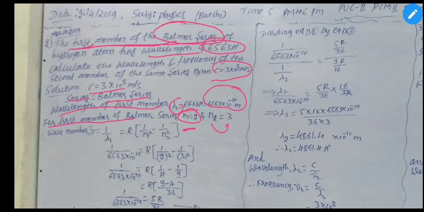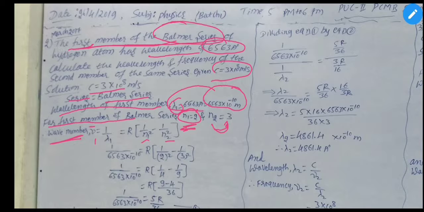As we saw in the previous class concerned to the spectral series, for the Balmer series, any higher orbit to the second orbit is going to come out. So for the first member n1 is 2, whereas n2 is 3.